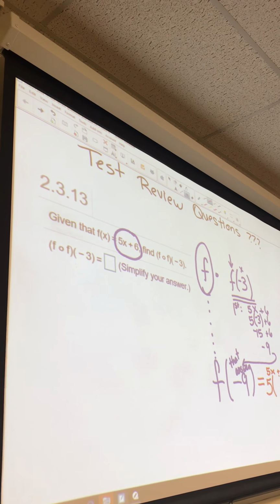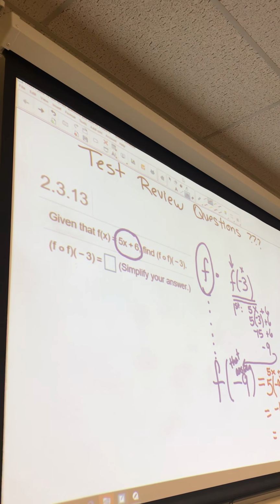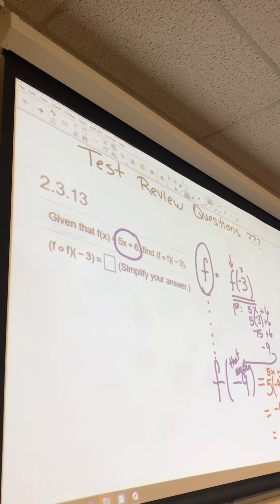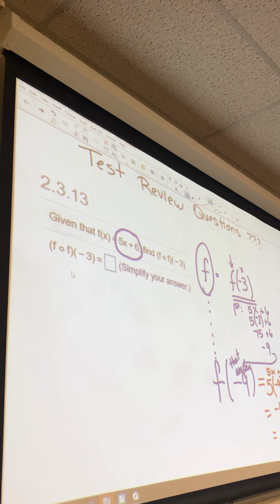So now I'm plugging in that previous answer to get our final answer. Okay? So don't let it trip you up if it's got the same name duplicated. You do it the exact same way. It's just that you're only using the f of x or whichever one it is. Okay? All right. So what other questions have y'all got?